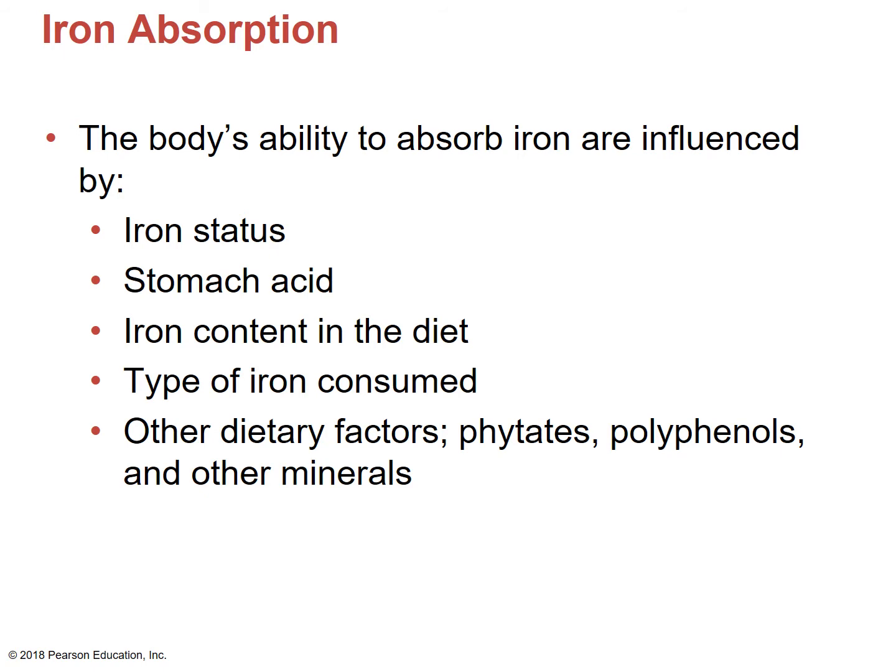Polyphenols in tea, coffee, and red wine also reduce iron absorption, as do soybean protein and calcium. Because these dietary factors alter the amount of iron absorbed, it is estimated that the bioavailability of iron from a vegetarian diet is approximately 1 to 10%, whereas average is 18% for a mixed Western diet.